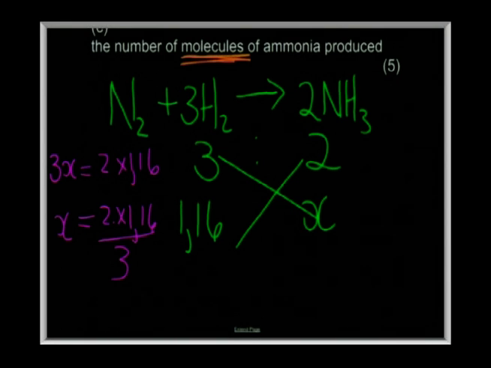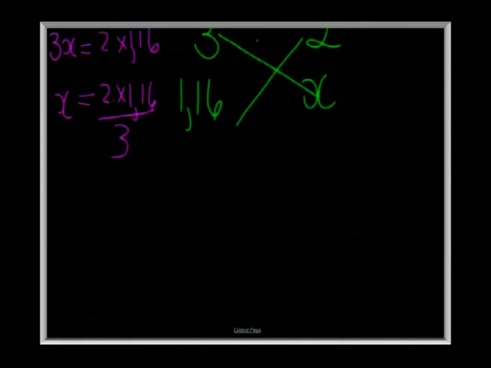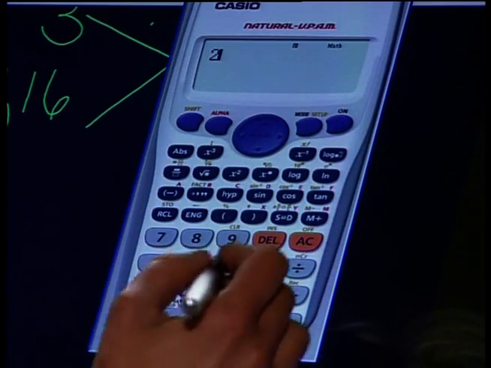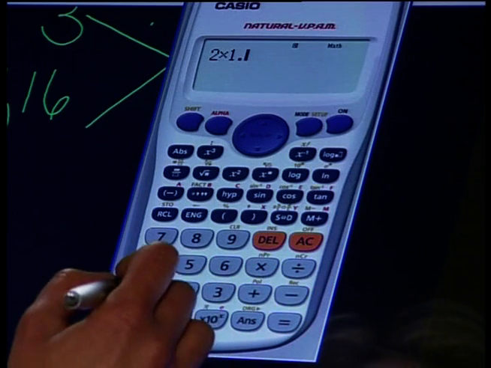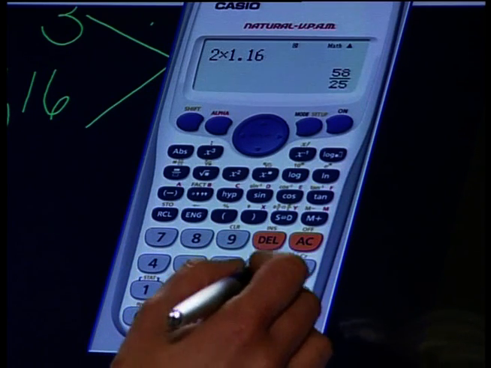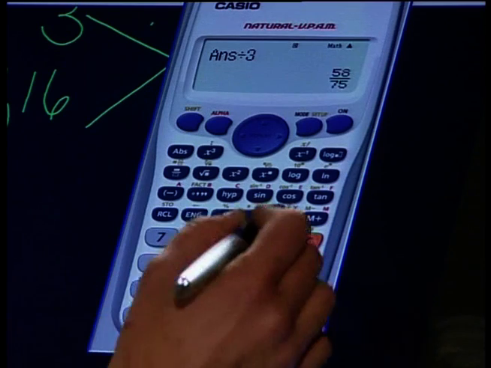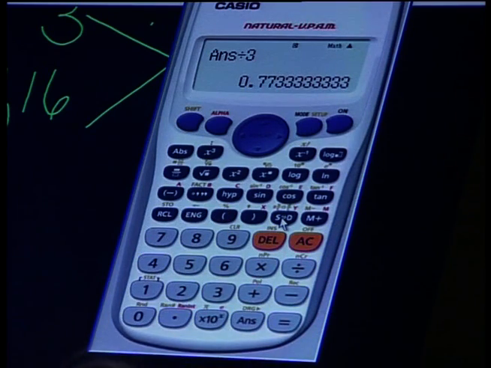And that is then the number of moles, okay? Not molecules, moles. Now the question actually asks us for molecules, which means that once you have obtained your number of moles, you will multiply with Avogadro's number. So multiply by Na. Right, I need to get my calculator out here. 2 times 1.16 divided by 3. And the answer is 0.77.